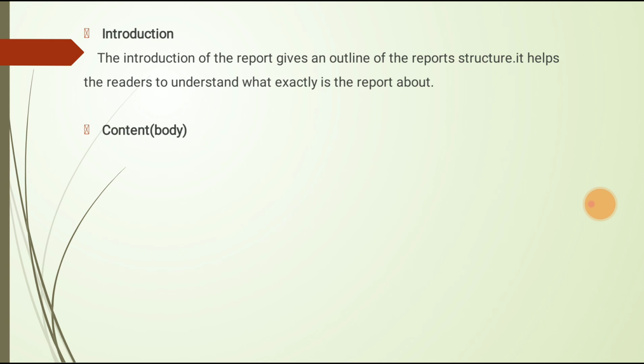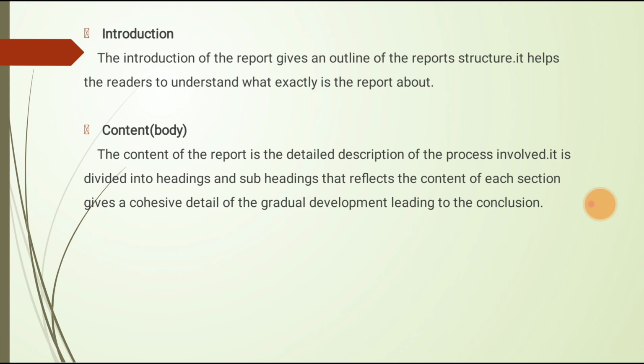Next is the content, the whole section, the detailed one. The content of the report is the detailed description of the process involved, how the project or a particular issue was sorted out or how it gradually developed. That is what this content is about.